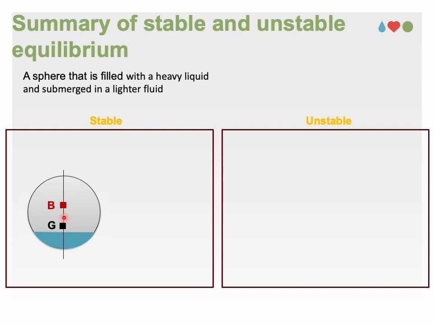If the sphere is positioned such that the heavy liquid occupies the lower portion of the sphere and the lighter fluid occupies the upper portion, it creates a stable equilibrium in which the center of gravity is below the center of buoyancy.